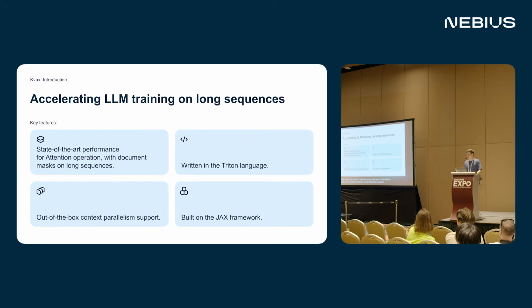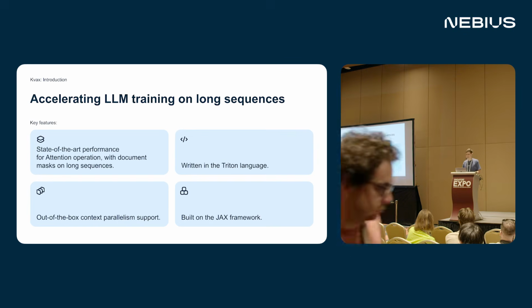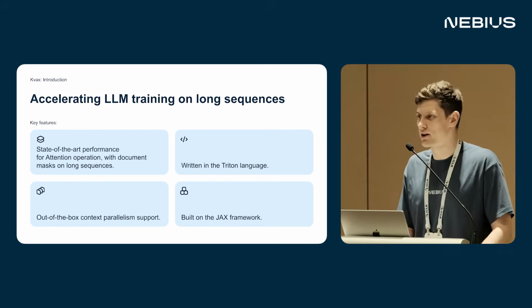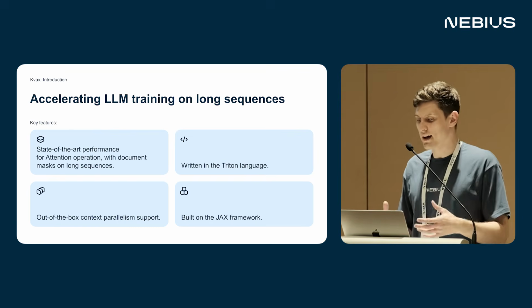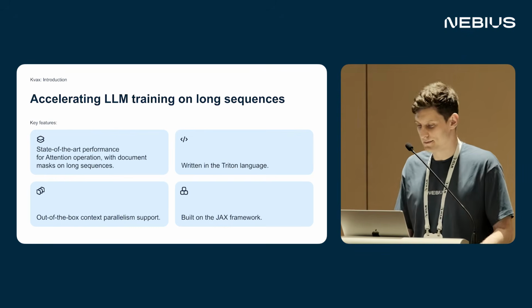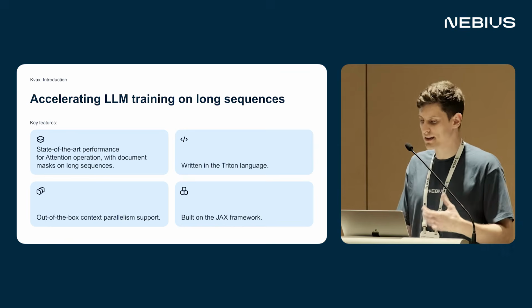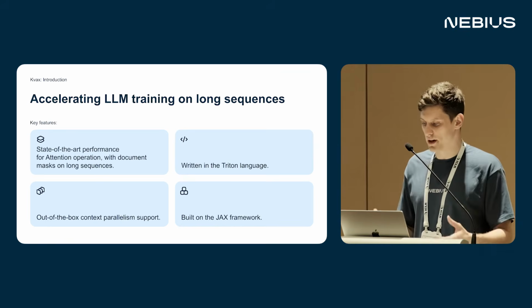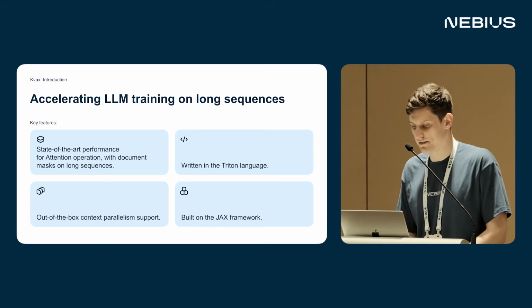So what exactly is Kvax? It's a high-performance FlashAttention implementation for JAX, optimized to speed up large language model training, especially with long sequences. Let me highlight a few of its key features. First off, it delivers state-of-the-art performance for attention operations that involve document masks, particularly on long sequences.